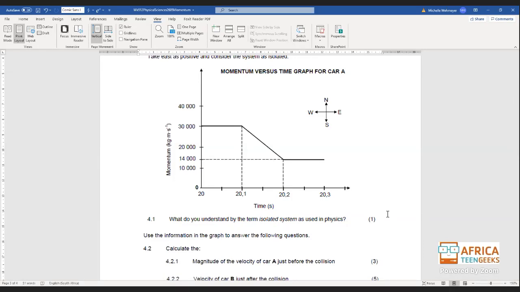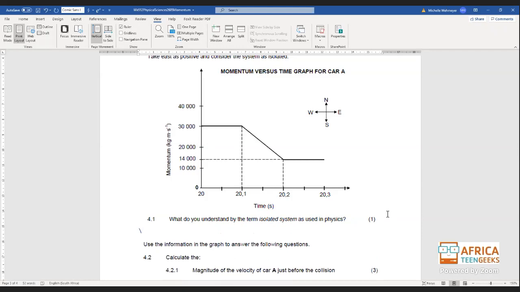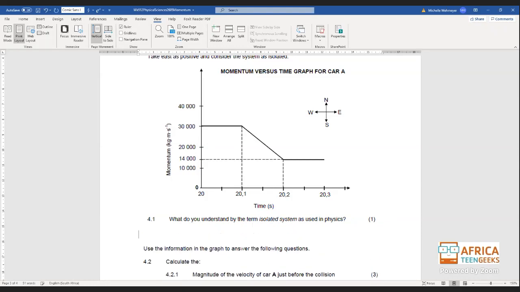So you can say anything that makes sense to you, but it should be something along the lines that it's a system that excludes any external forces.